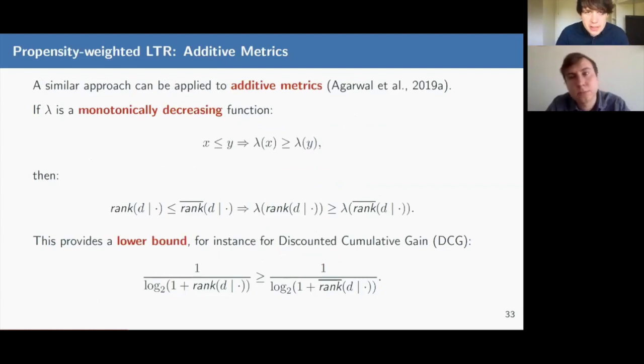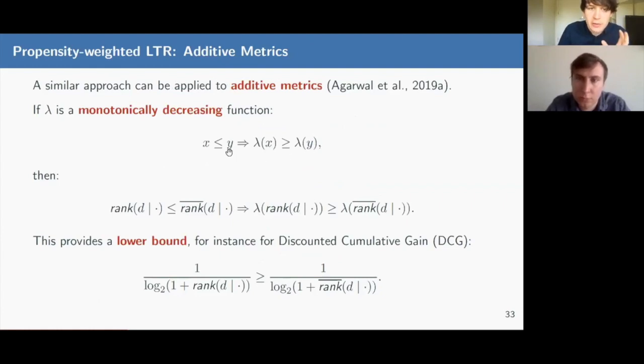So in 2019, we saw a paper at CIR that extended this approach for additive metrics. So if lambda is a monotonically decreasing function, that basically means if you have x and y is greater or equal than x, if you plug those values into lambda, you'll get a smaller value, right?